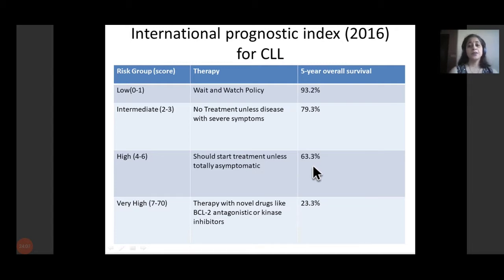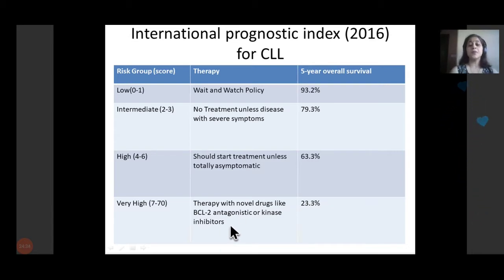Here the 5-year overall survival is intermediate, 63.3%. A very high score, between 7 and 10, requires immediate initiation of therapy with novel drugs like BCL2 antagonists, which have started to be the treatment of choice these days.